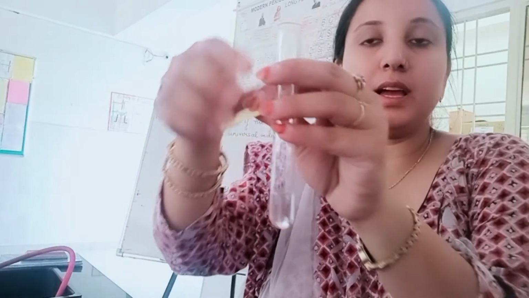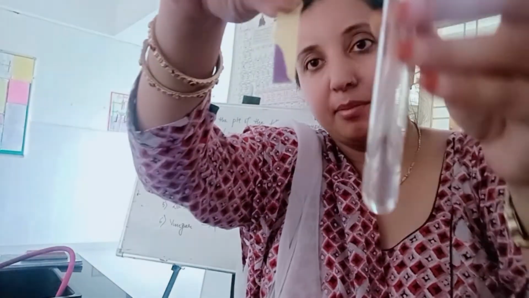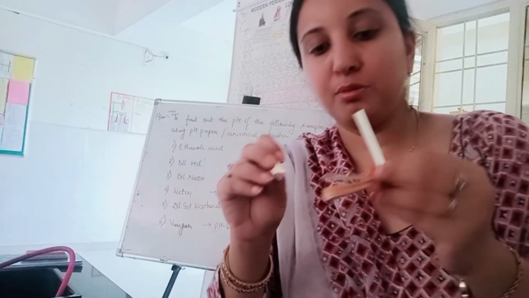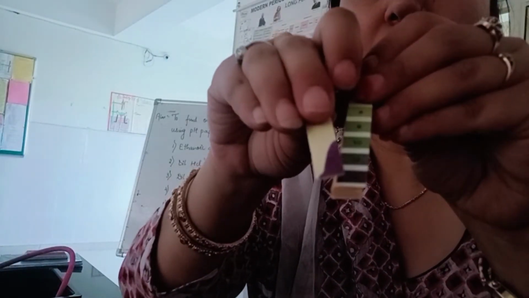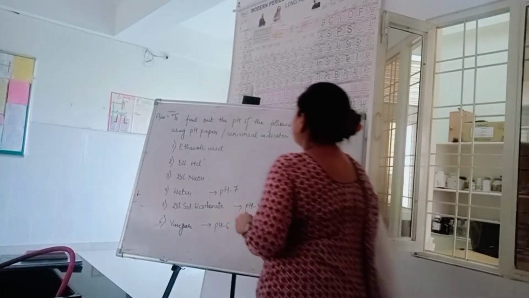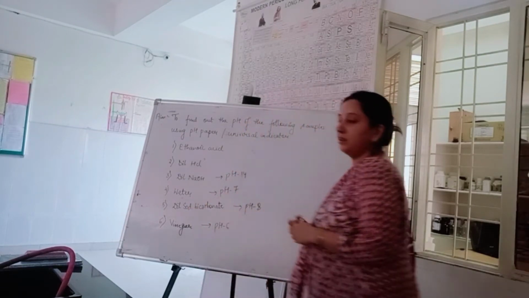Now this sample is NaOH. This is when I dipped it in NaOH. Again we need to match it, and you will be able to note it down very easily. It is coming to be 14. So the pH value is 14.